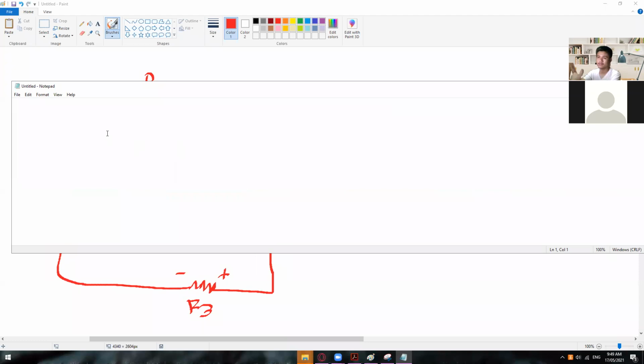Just to give you guys again a summary: when it comes to solving for KCL or KVL, you need to put all the labels first. So VR1, R1, R2, voltage source. And then the next thing that you need to do is put the polarities. Meaning, is it positive, negative, or negative, positive?